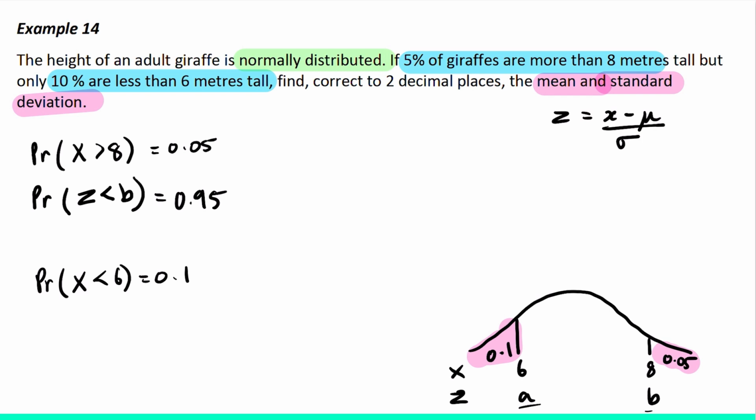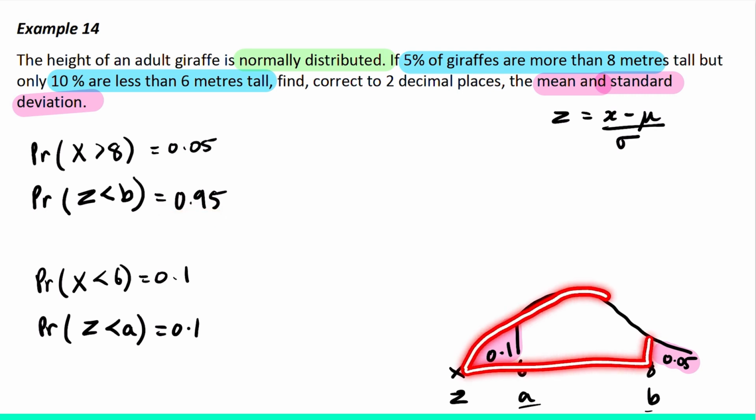This one's a little bit easier. Z less than A is 0.1. So it's the same probability. I'm just trying to figure out what it is in terms of z. Here, different probability only because when you do the inverse normal, it has to be the less than part. But it's still the same value, just one's on the x distribution and one is the z distribution, which is your standard score.